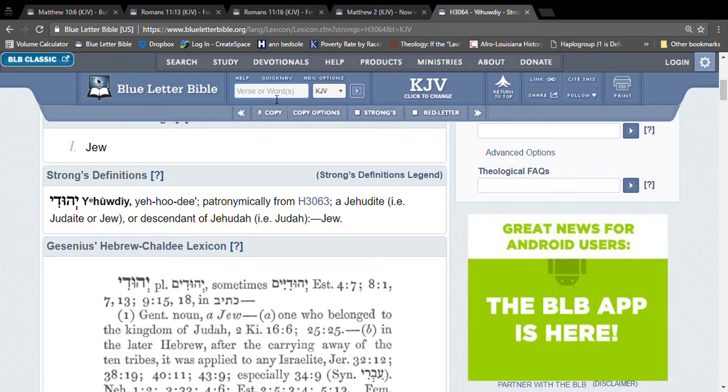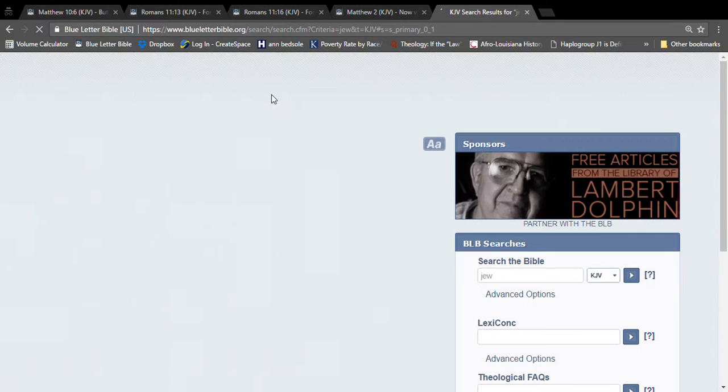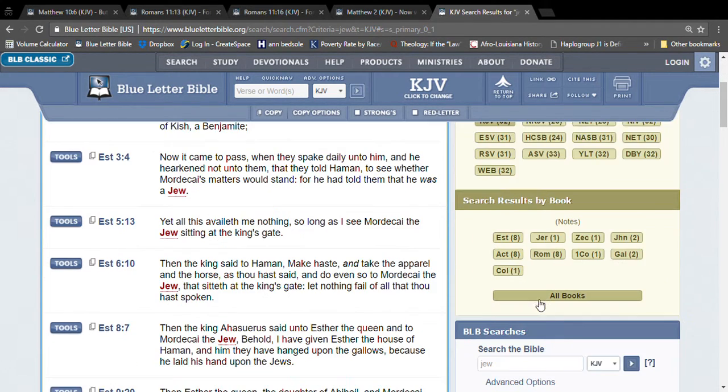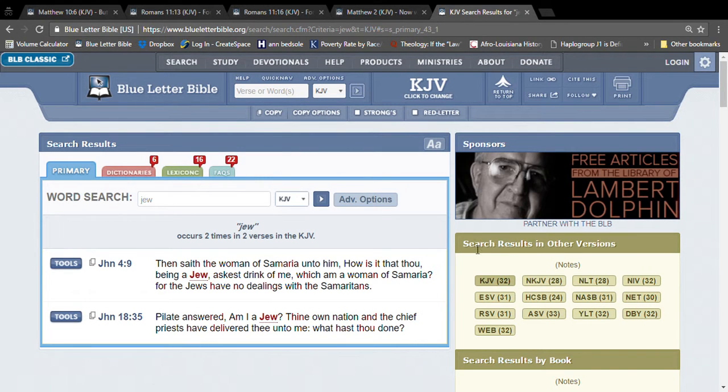Now, let's go back and see how it's used in the New Testament. So we're going to choose a New Testament book. We can use John. And what we'll find is that by the time the New Testament was written, the Greek term that was supposed to be the same as Yehudi in Hebrew was used to refer to several different types of people.